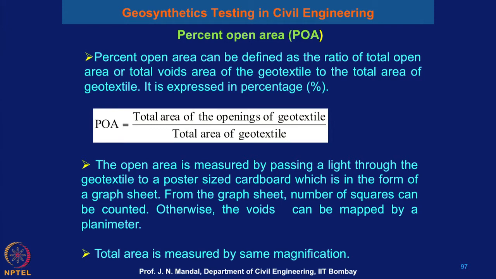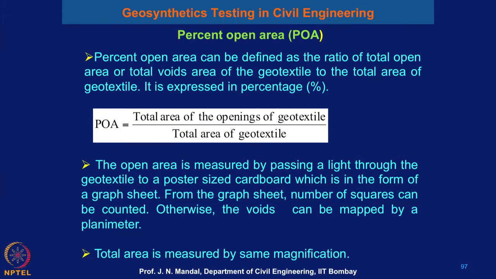So, you can also draw the correlation for the apparent opening size of the geosynthetics. You know the particle size and the O95 value from the grain size distribution curve, and then you determine the apparent opening size of the geosynthetic material. I can show you that.